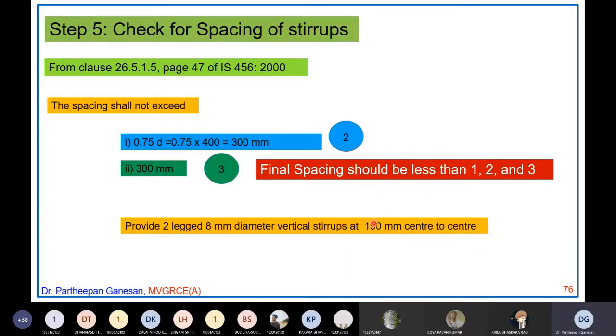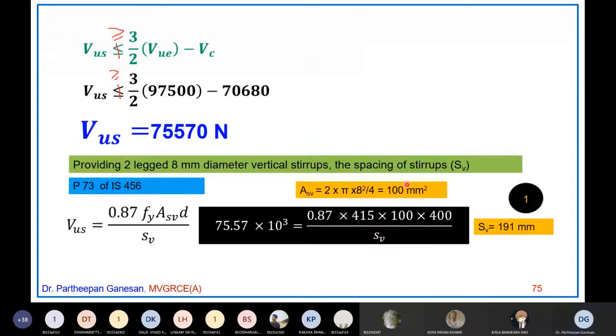because I got 191 in the first, so I am taking only 190 mm. Don't round up to 200 mm. If you are providing 200 mm, your section will fail in shear. Is that clear? Remember, why should it not be 200 mm? If I go back, see.